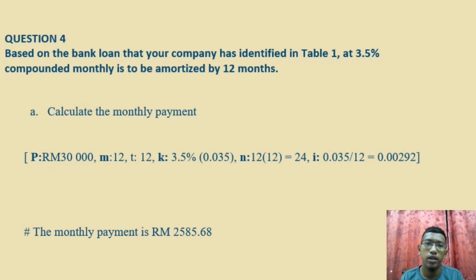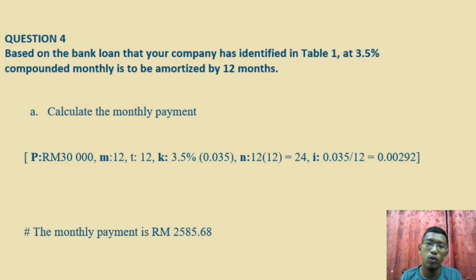Okay, now question 4. Based on the bank loan that your company has identified in Table 1 at 3.5% compound monthly, to be amortized over 12 months. Question A, calculate the monthly payment. Okay, first we look for P. P is the bank loan. I took it from question 2, which is 30,000. Next, we look for m or t. m is 12. k is 3.5% or 0.035. n is 24.